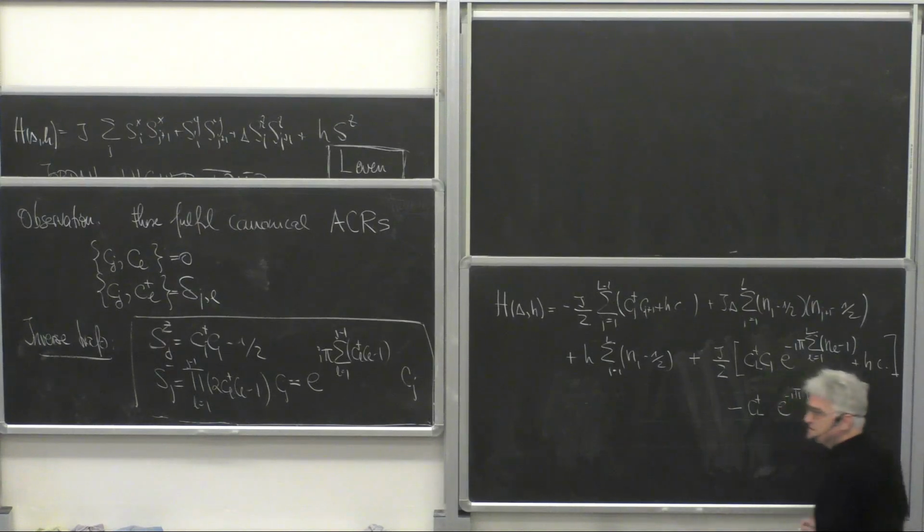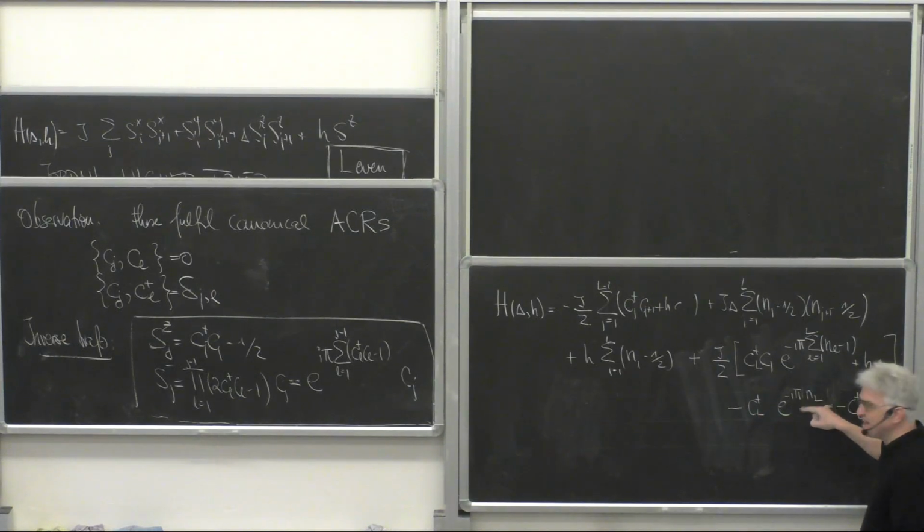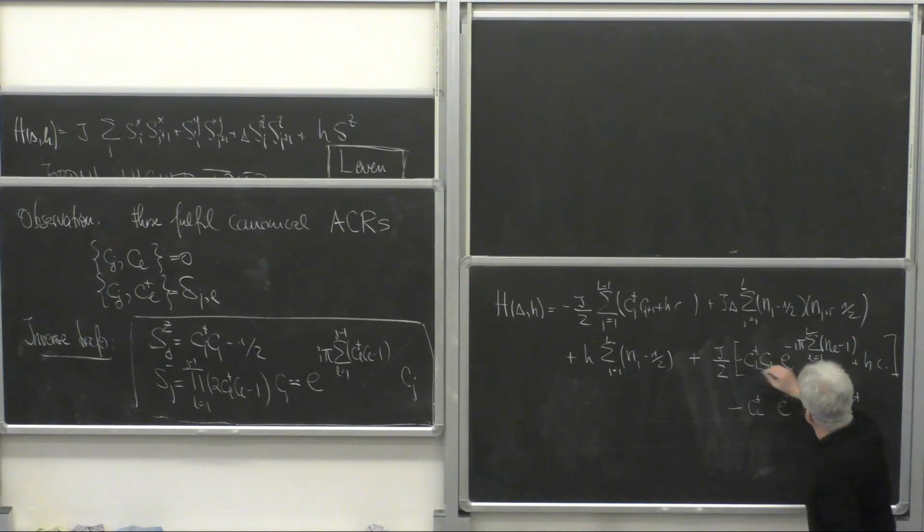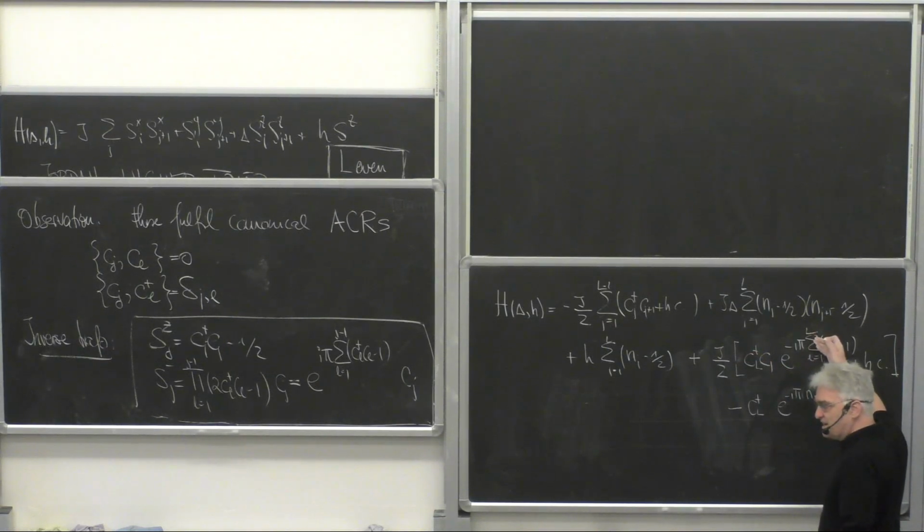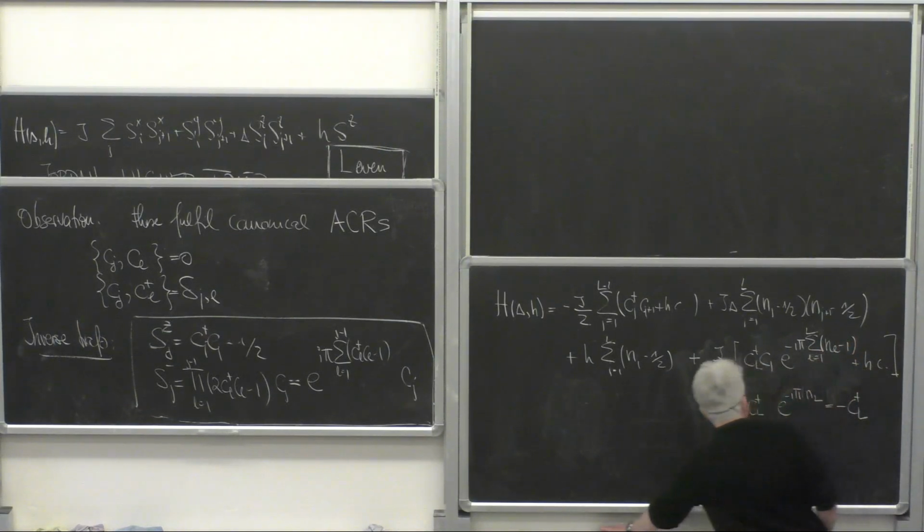Then I have something like this. But now N_L to any power is N_L, and so this is just minus C†_L, because in N_L I have a C†_L, and C†_L squared is 0. So I could have written this like so, but I don't like it because I want to use this in the next step, which is why I have changed the sign and put the extra factor. Okay?